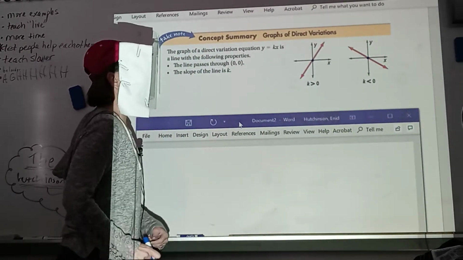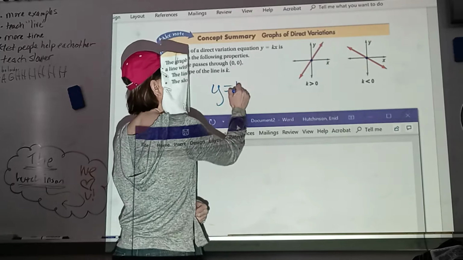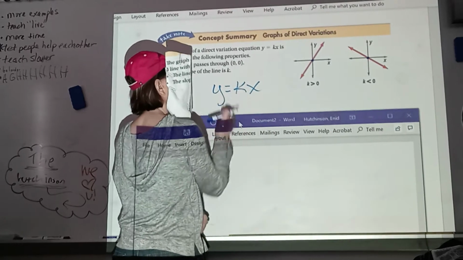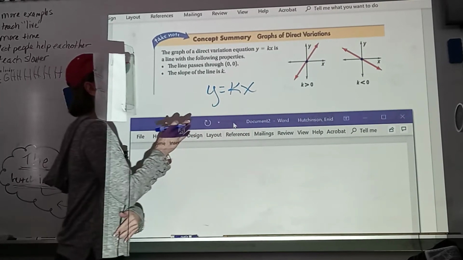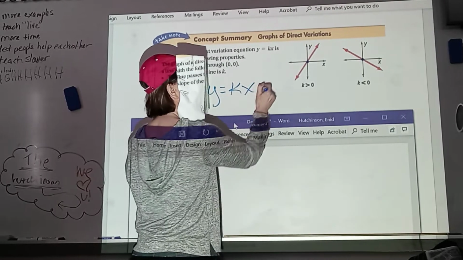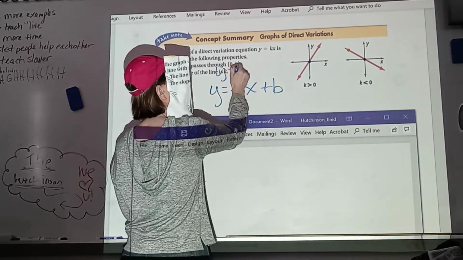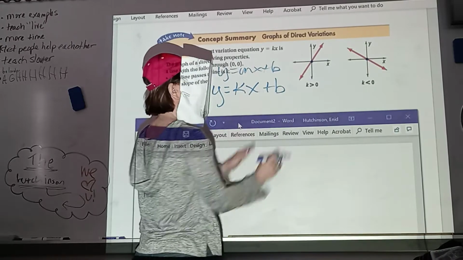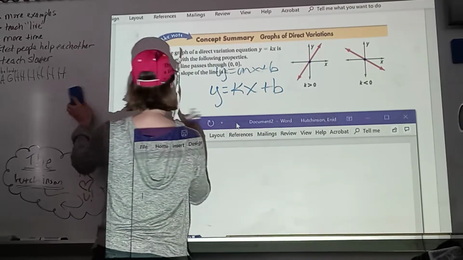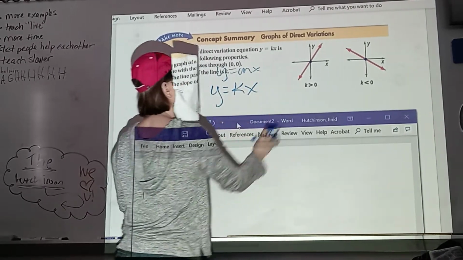That kind of makes sense because if I write that formula again, y equals kx, this is where it stops. There's no plus b, like in y equals mx plus b. So if there's nothing there, what did we say before?